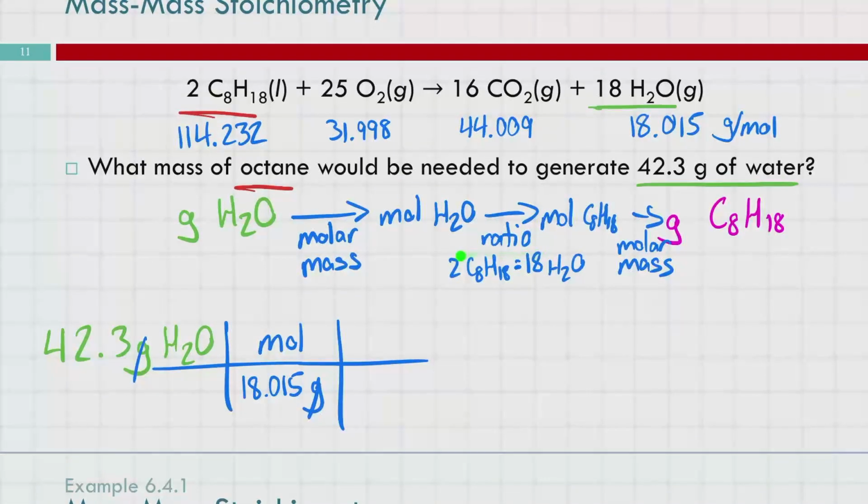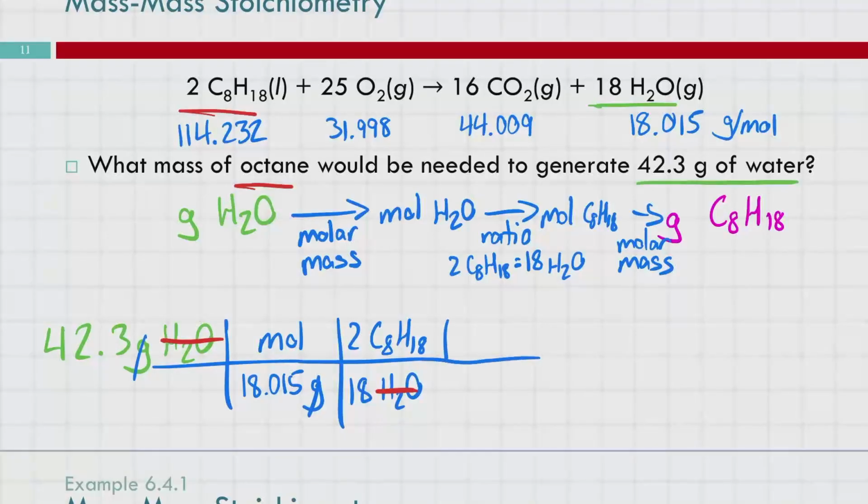Then we need to use our ratio of our balanced chemical equation. Since we have H2O, we want the 18 H2O to go on the bottom, so the H2Os cancel out, and we want the octane to go on the top so that we will end up with units of octane. Either way, we get there.